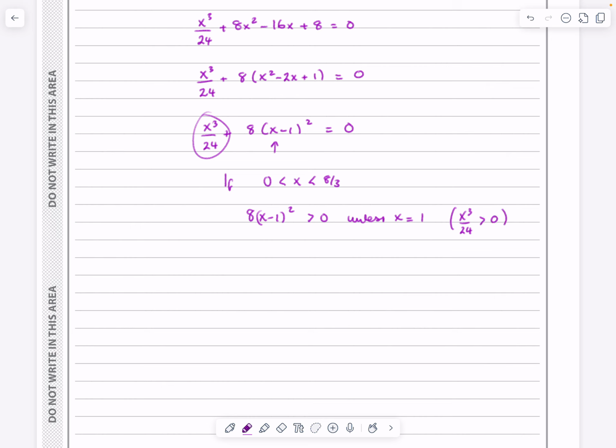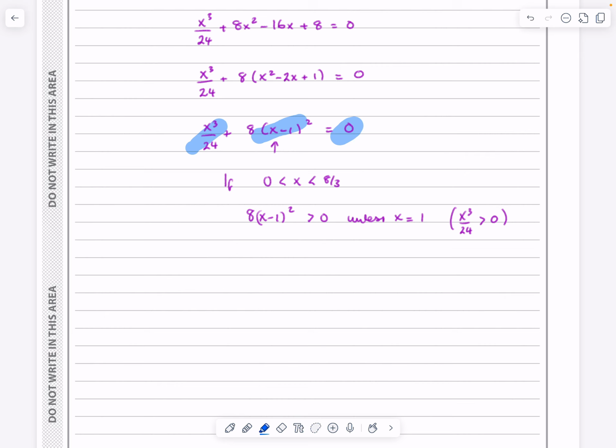So because of that, this total here, this part actually has to be greater than 0. That's greater than 0, that's greater than 0, so that can't be equal to 0.